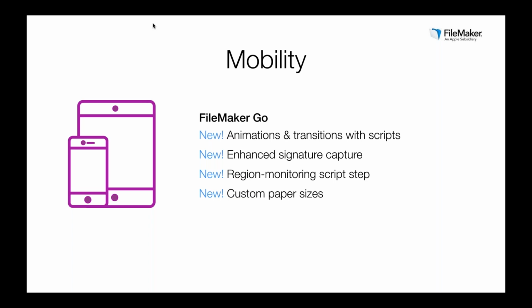Region monitoring script step. Using a script step, you can automatically perform an action when an iOS device detects a nearby predefined beacon or geofence. When we first came out with support for beacons in 15, you had to have a continuously running script in the background that was searching for beacons sending out a particular signal, and then it could take an action if, through one of those loops, it found one.